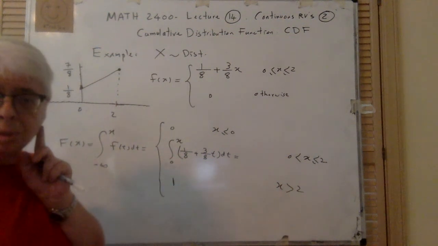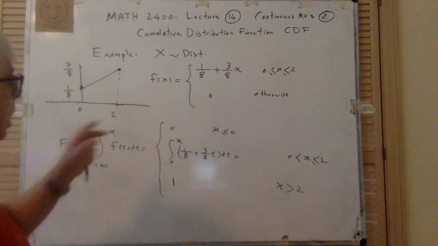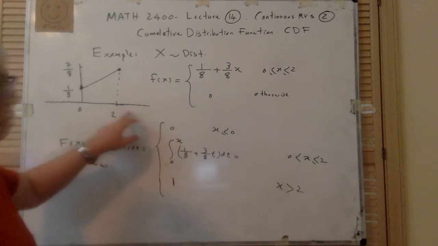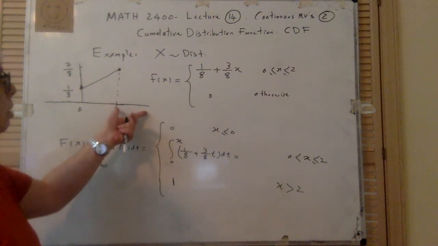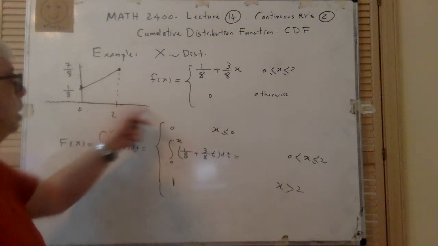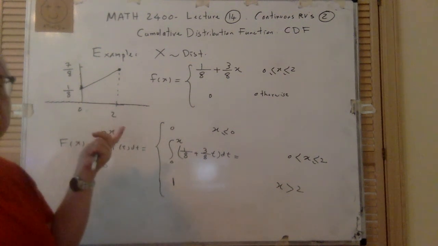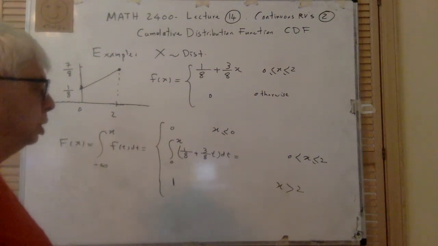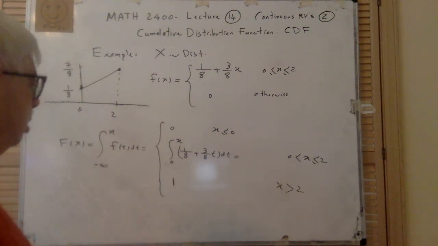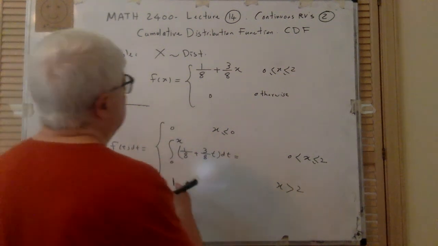Remember, it should be 1 as x goes to infinity. And after 2, there's nothing. The integral on this region gives you 0, so nothing is added to this. Okay, so let's find this integral.